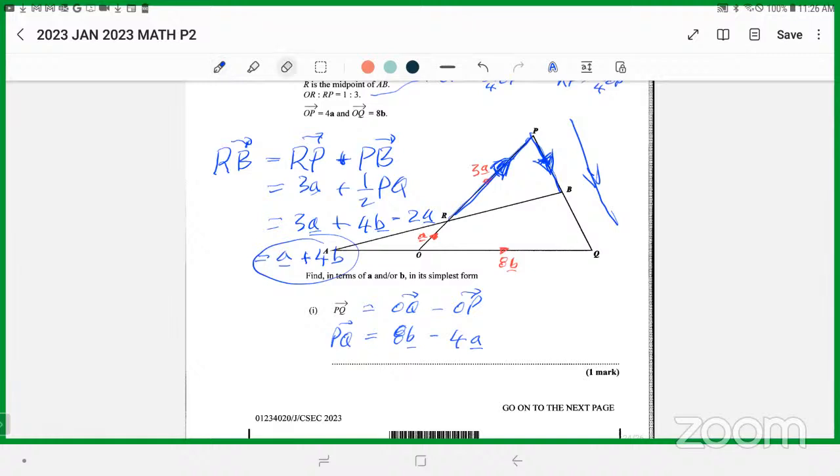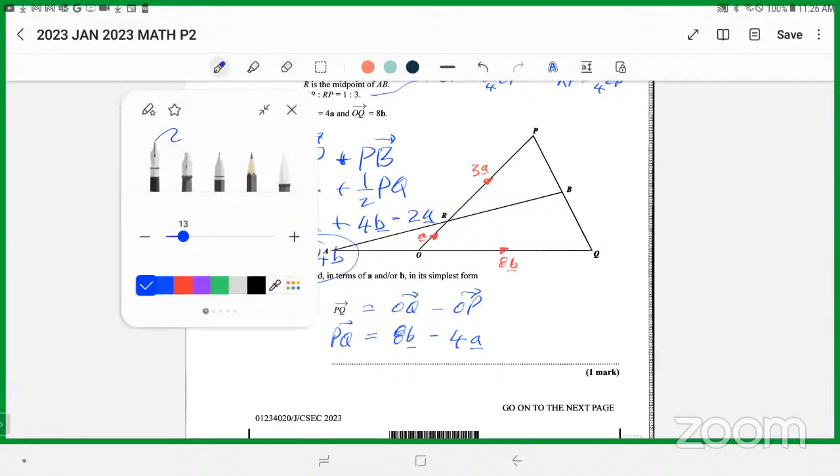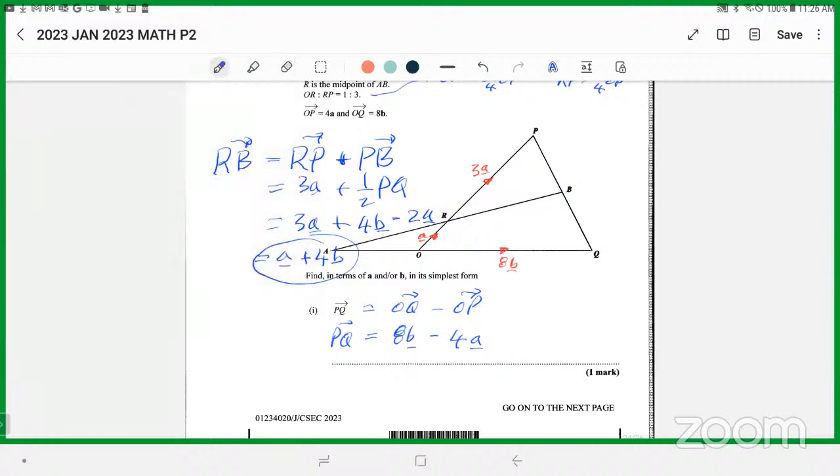And I can check if it's correct on the diagram. A plus 4B. Let me check it in red and purple. It is saying to go from R to B. I can go A. This is the length of A, along that line. So I'll go the same length here. So this right here is about A, same as this. And then 4B is just half of this line now. That is 8B, then 4B is half of that.